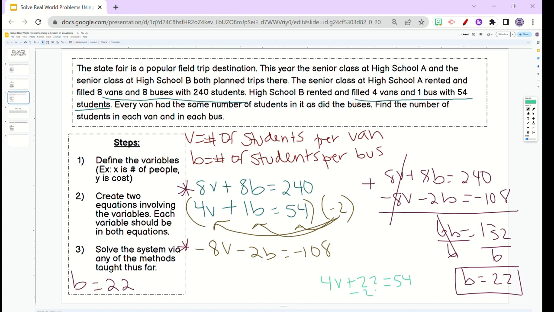Okay, when you go to solve, minus 22 on both sides, you get 4V equals 32. And then when you divide by 4 on both sides, you do get V is equal to 8. So 22 students per bus and 8 students per van.